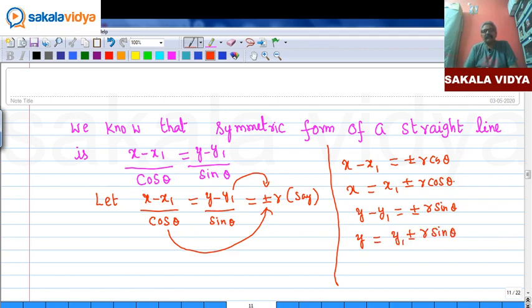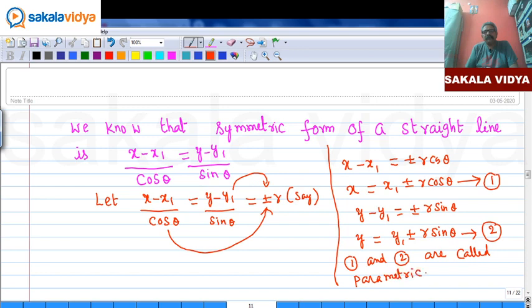So, that means x is equal to x1 plus or minus r cos theta, and y is equal to y1 plus or minus r sin theta. These two are called the parametric equations of a line.